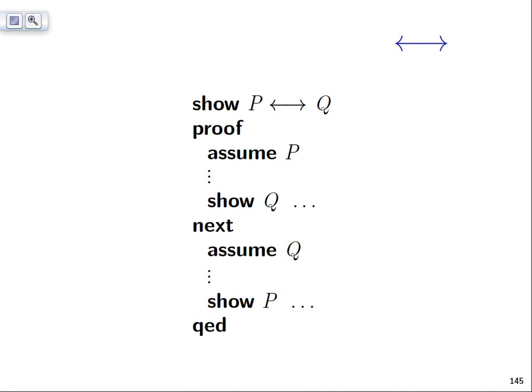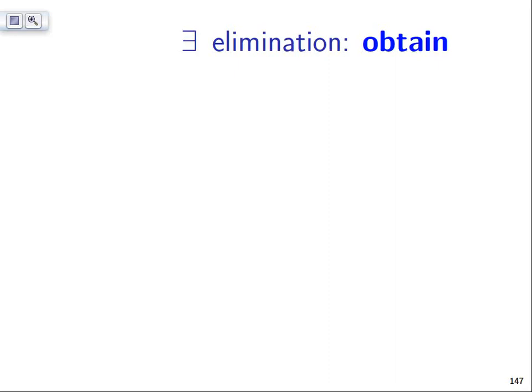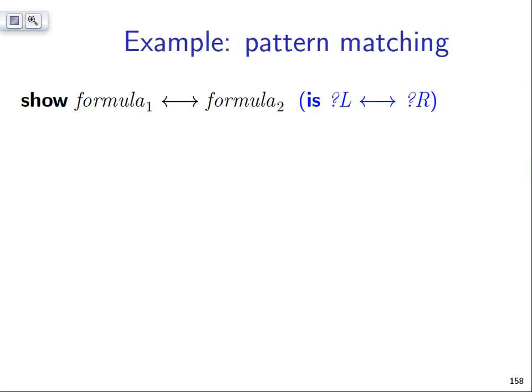And if those are big formulas, it's rather painful to have to repeat them so many times. So what we'll do is, at the point where you put the show, you introduce abbreviations, namely names for the left and the right-hand side, and then you can use those names rather than the full formula inside the proof. And so this is what's going to happen here.